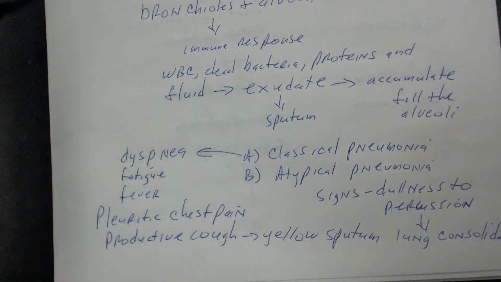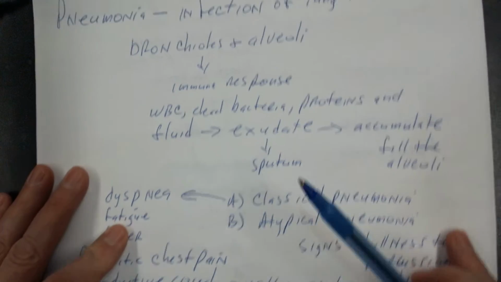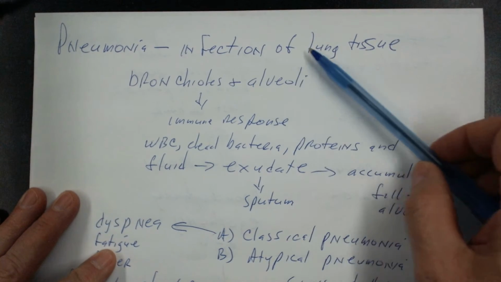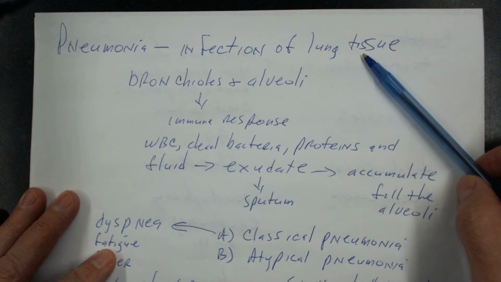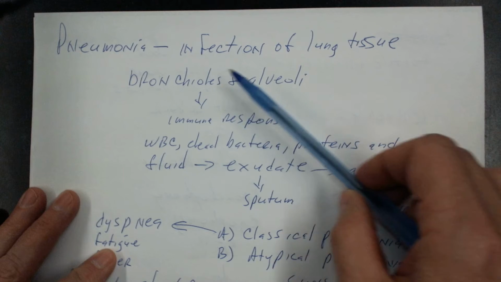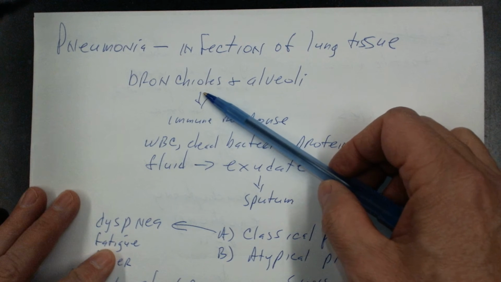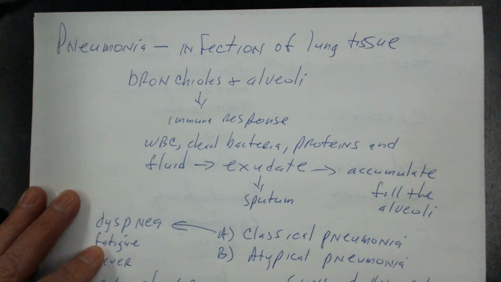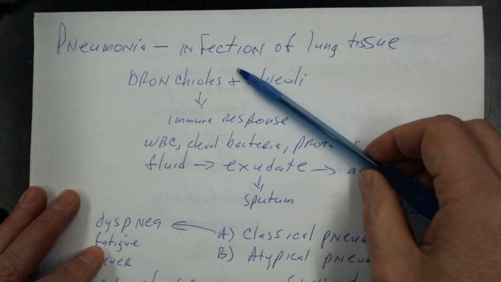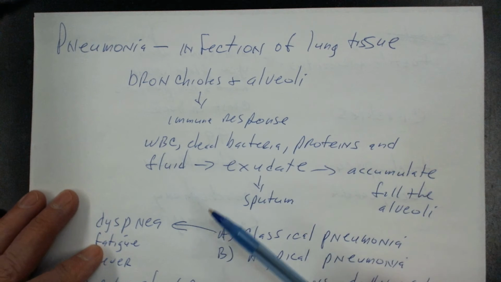So pneumonia, very simply, is an infection of lung tissue. It's an infection of the bronchioles, both terminal and respiratory, potentially, and the alveoli. This generates an immune response.